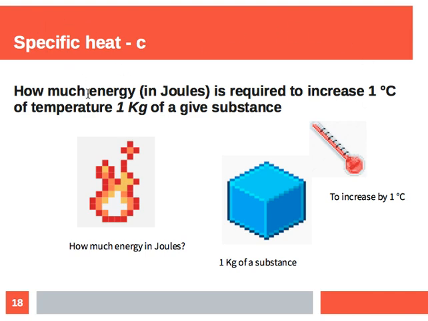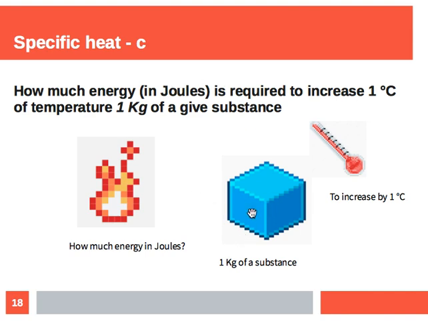Okay, so specific heat is going to be how much energy in joules, for example, that you can get from fire or from a fireball or whatever this is. And it's going to be how much energy is required to increase by 1 degree Celsius 1 kilogram of a given substance.